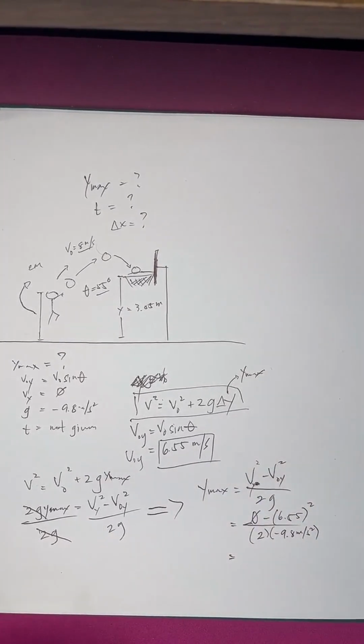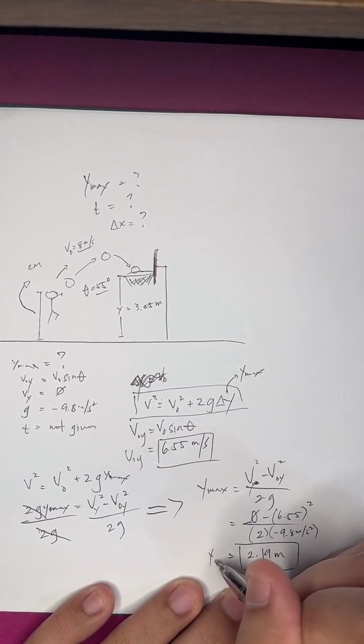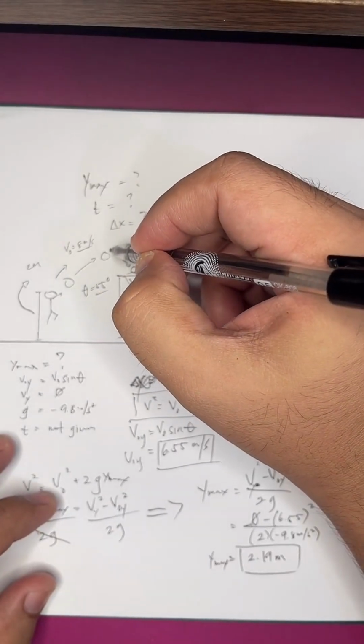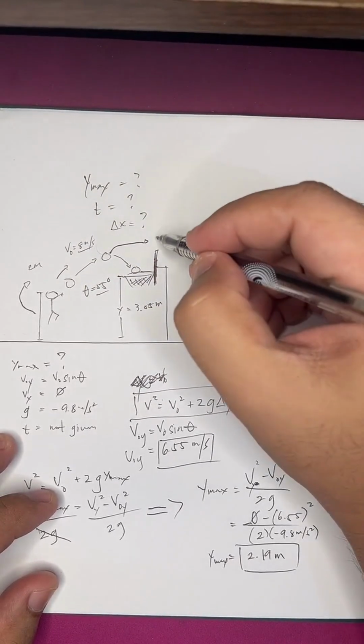And our answer, let me just type it down here, 2.19 meters. And this is our y max. So that would be the position of this ball at this point in time.